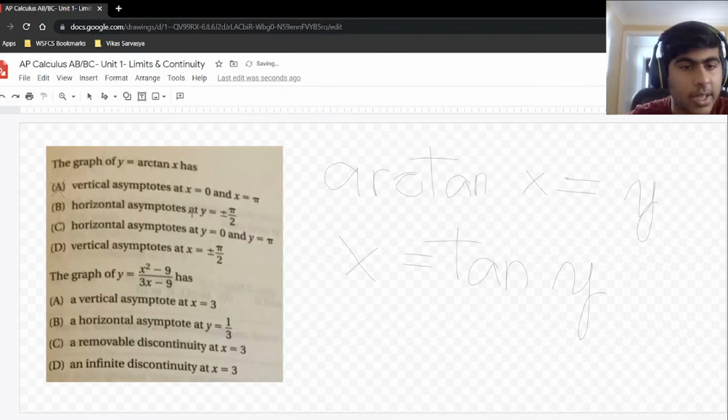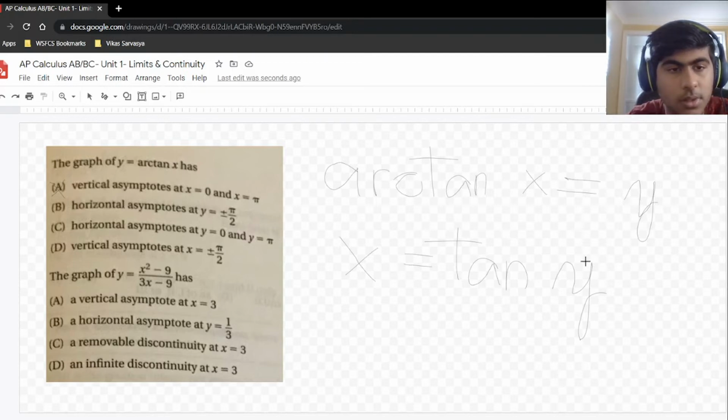Now, do we get that line at pi over 2 and negative pi over 2? As we go to infinity, as we take the arctangent of infinity, we get really close to what?